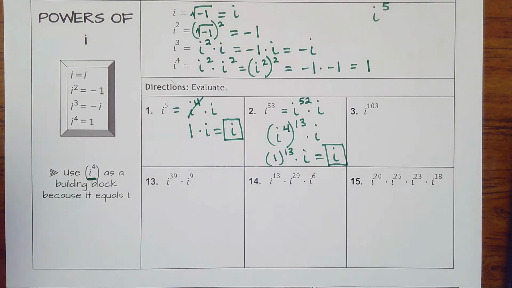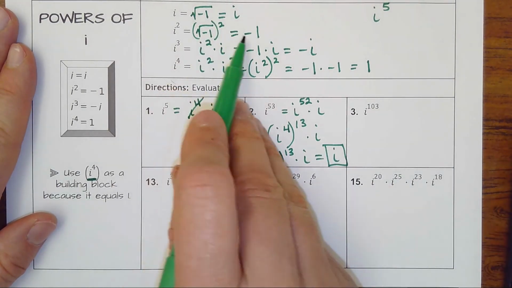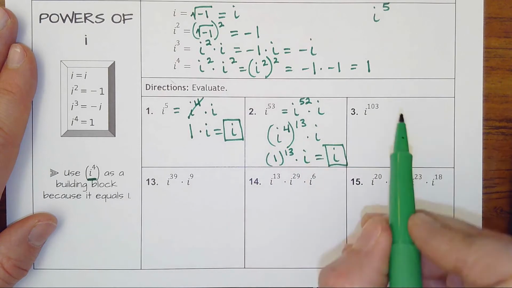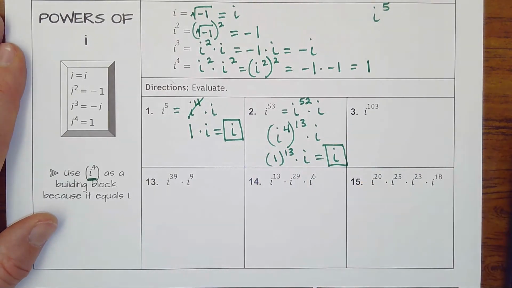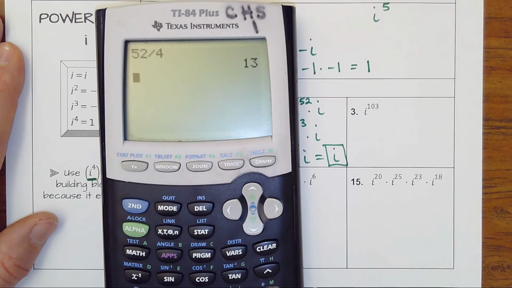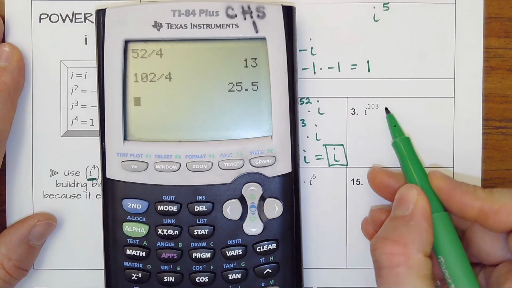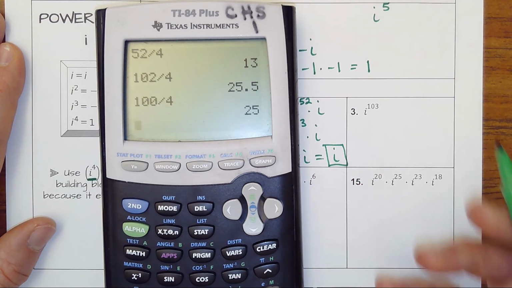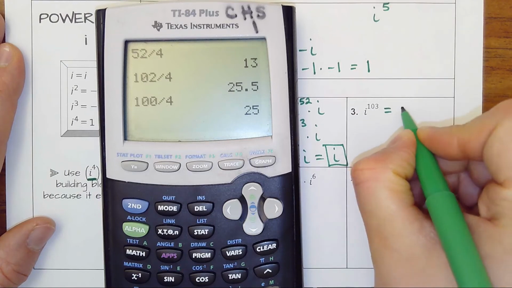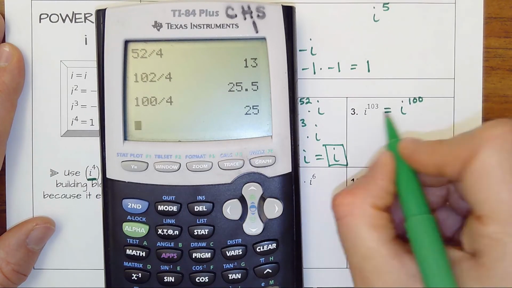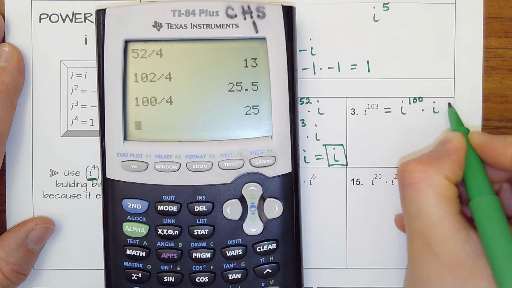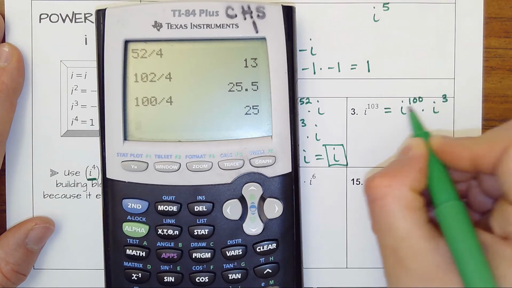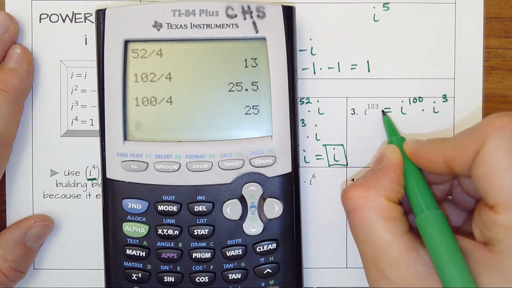Okay, i to the 103rd power. I wouldn't want to keep going in this pattern until I get to 103. Instead, let's think about 103 divided by 4. It probably won't divide because it's odd. Let's try 102. No. So I have to keep going down. It wouldn't be 101. What about 100? Yeah, that would be 25. So I'm going to write this as i to the 100th power times an i to the third to make these add to the 103rd power.